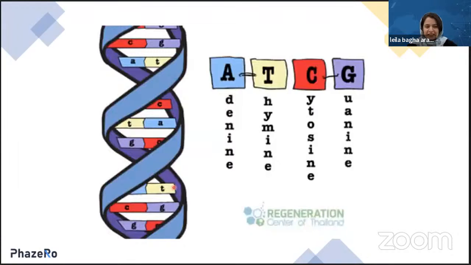Let's back up a bit. What is a genome? A genome is all the genes plus some extra that make up an organism. Genes are made of DNA, and DNA is made of long paired strands of A's, T's, C's, and G's.